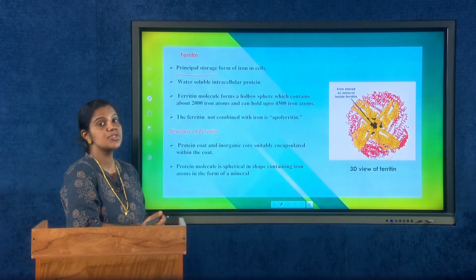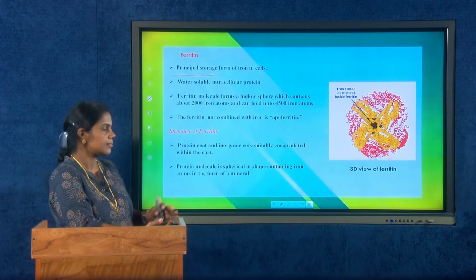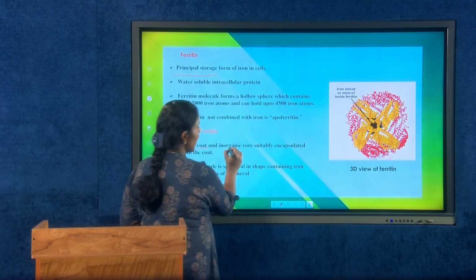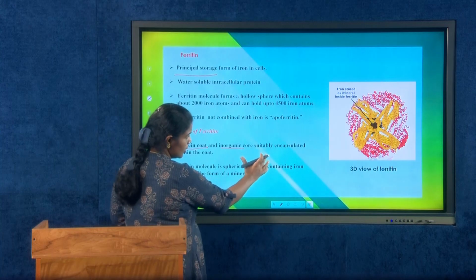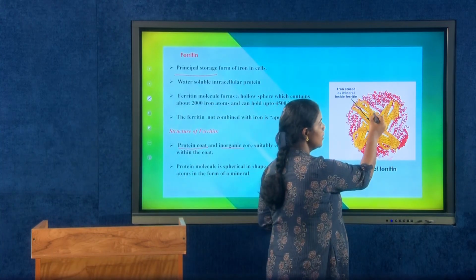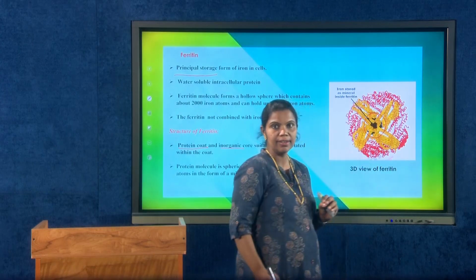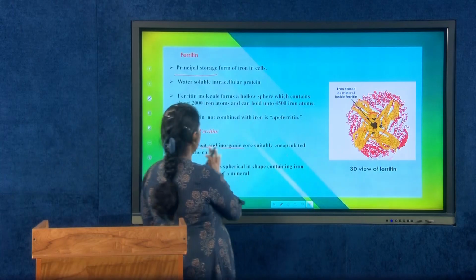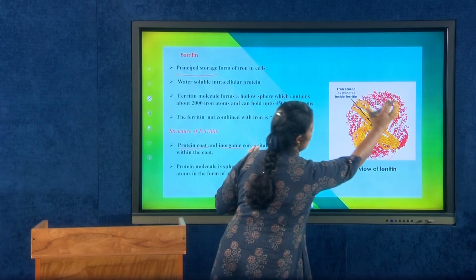Now we will see the structure of ferritin. It has a protein coat and an inorganic core, which is suitably encapsulated within the coat. You can see this is the core iron, and surrounding it you can see the protein coat.